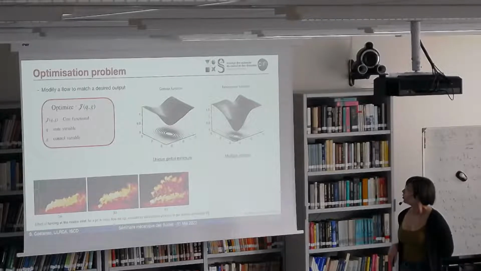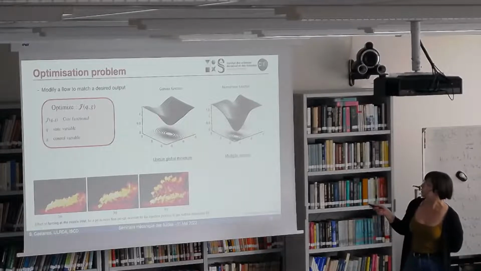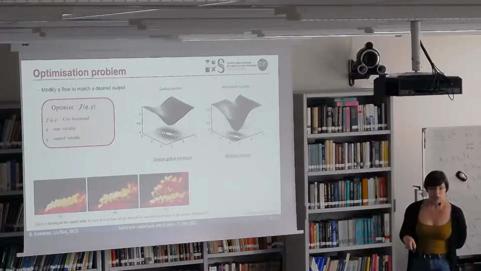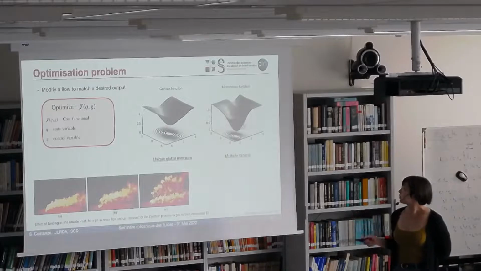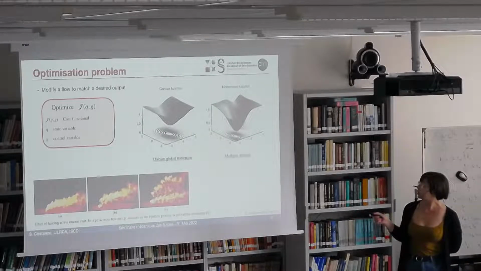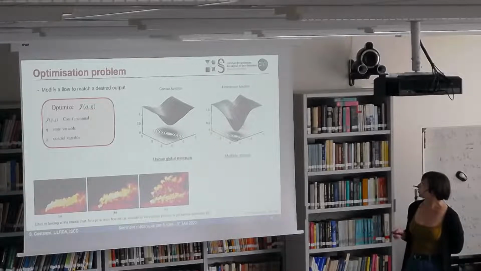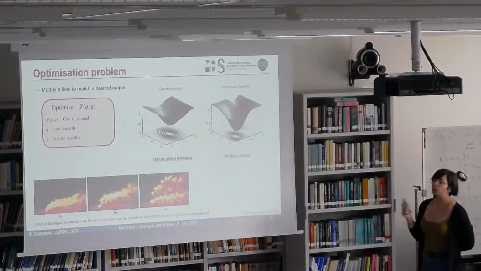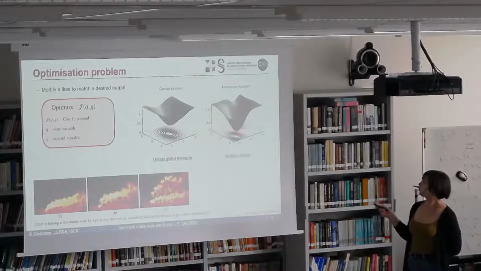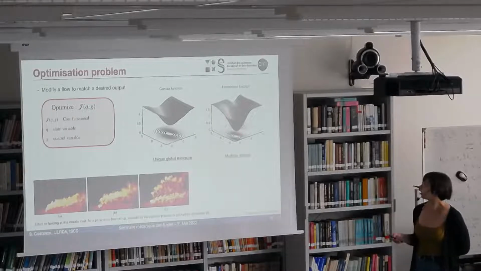This function can have different shapes, and our goal is to get to the global minimum. The difference between the two is that in a convex function we have just one global minimum, and in a non-convex function we have multiple minima, and we aim to get to the global one.